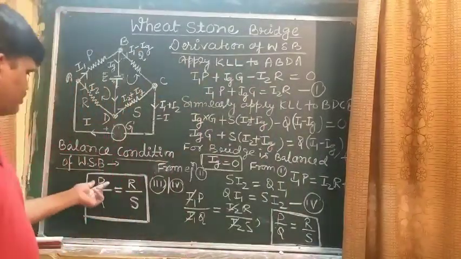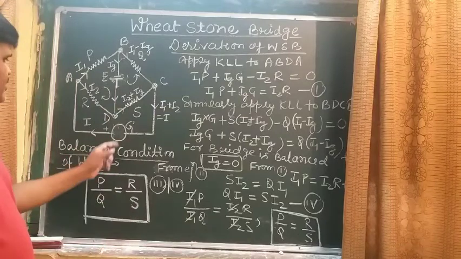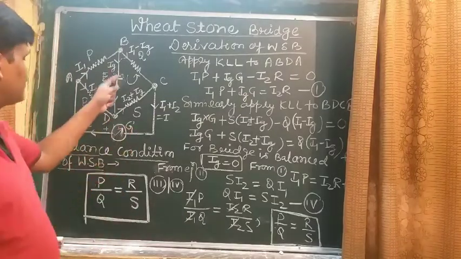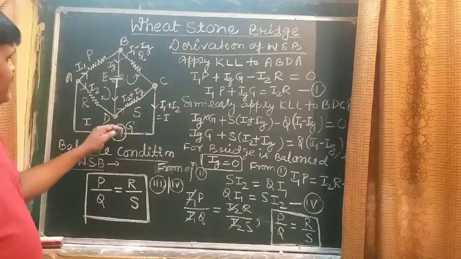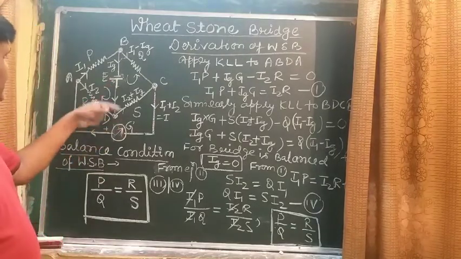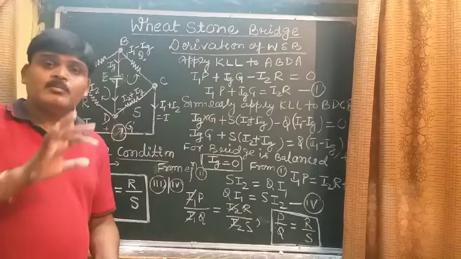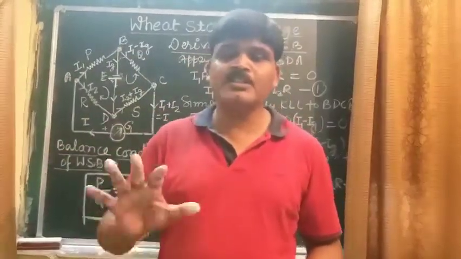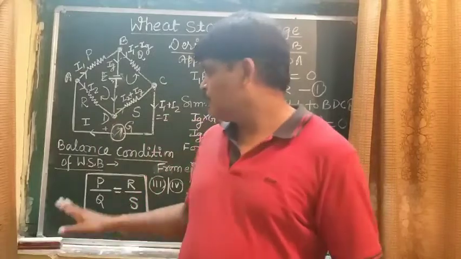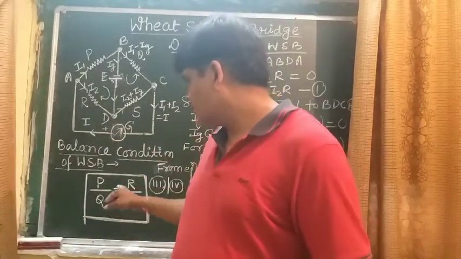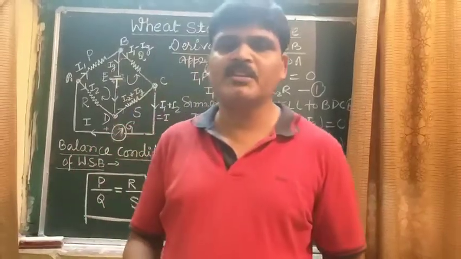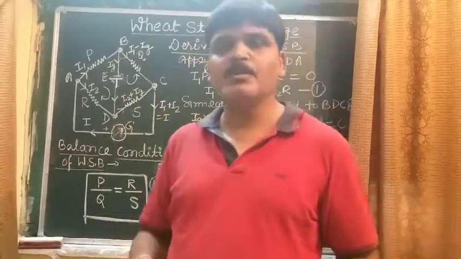You must write P by Q is equal to R by S. This is the complete explanation of the Wheatstone bridge.